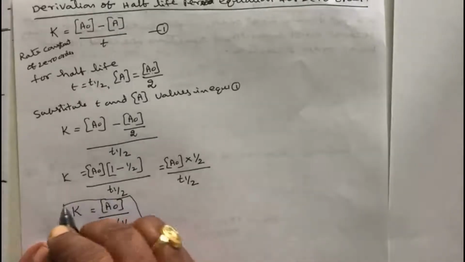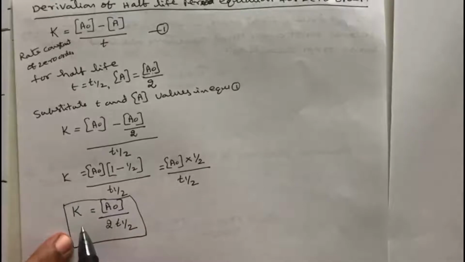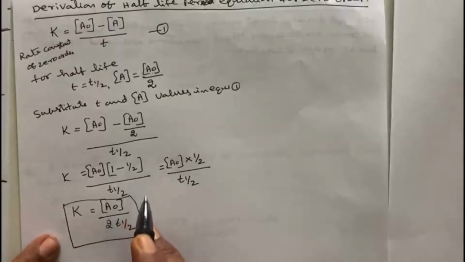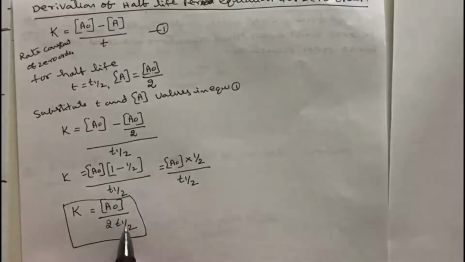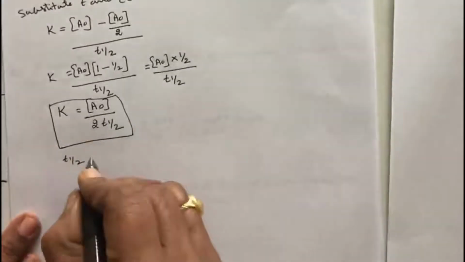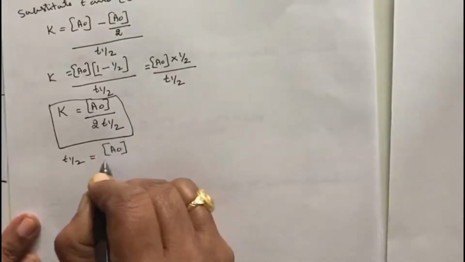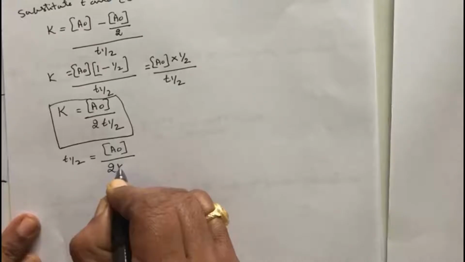This is the relation between rate constant and half-life period and initial concentration of zero order reaction. From this we write the half-life equation for zero order: T half is equal to A0 concentration by 2K.